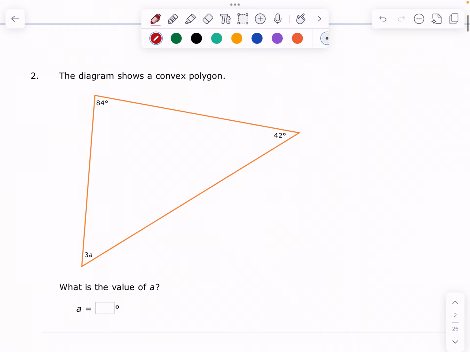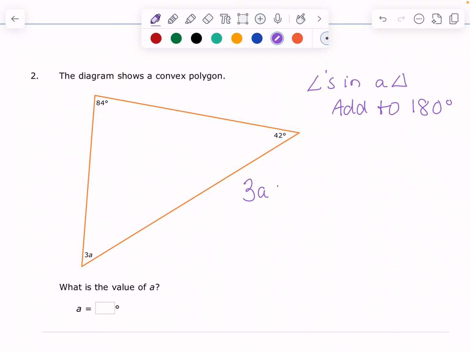All right, number 2. So what is the value of a? Things that we need to remember is the angles in a triangle add to 180 degrees. So let's see, we would do 3a plus 84 plus 42 equals 180 degrees.